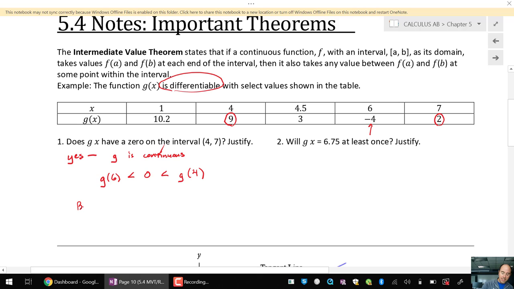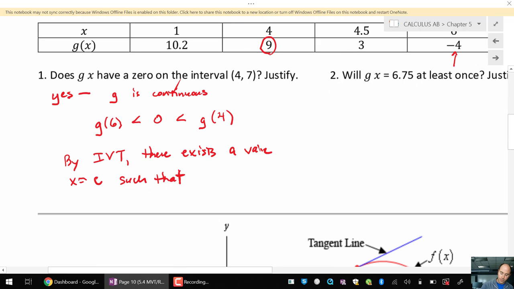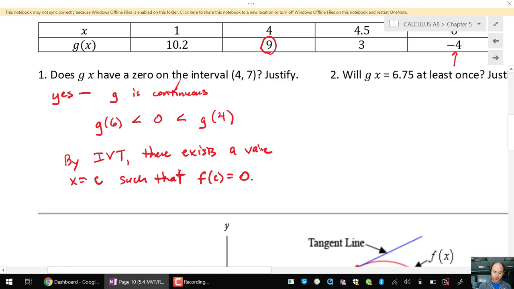I could say, therefore, by IVT, there exists a value x equals, and often we'll use the variable c, x equals c, such that f of c equals 0.